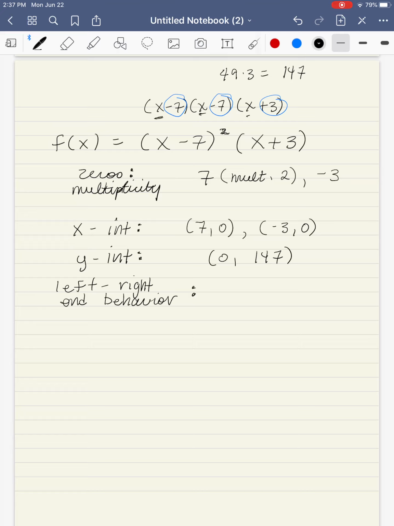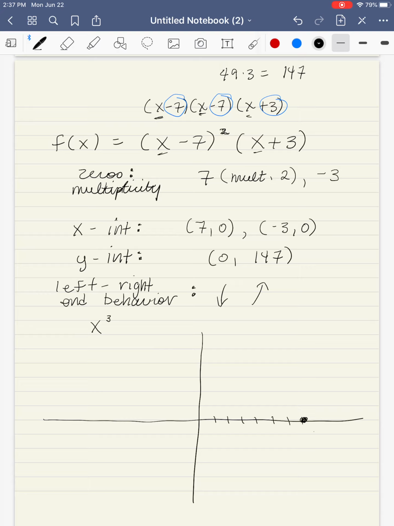So my y-intercept is going to be (0, 147). My left, right, end behavior, I have 3 x's here, 2 x's from here and 1 from here. So my leading term is x cubed. So I'm down left, up right. And let's go ahead and graph this.